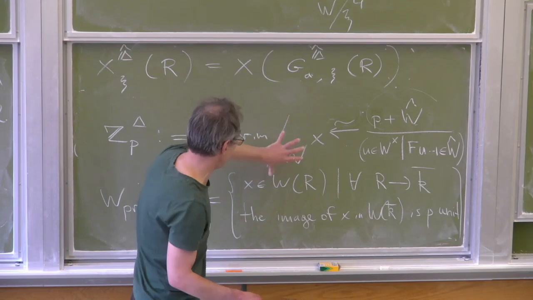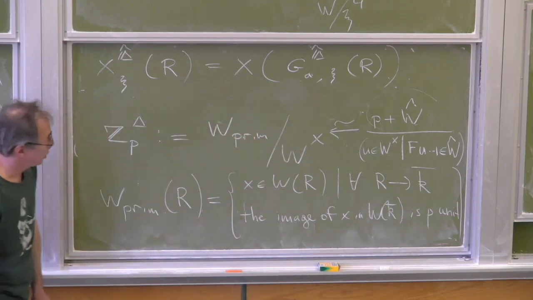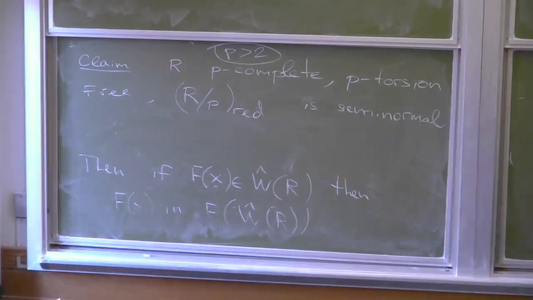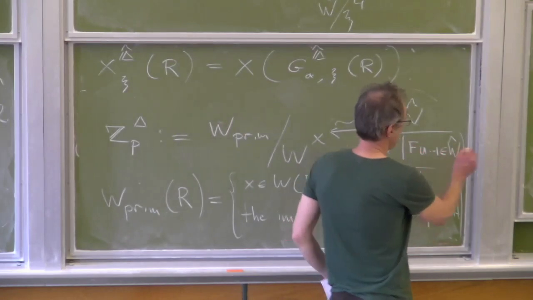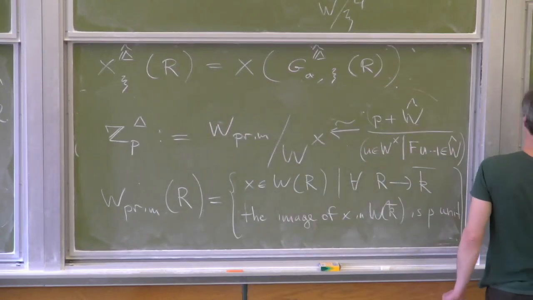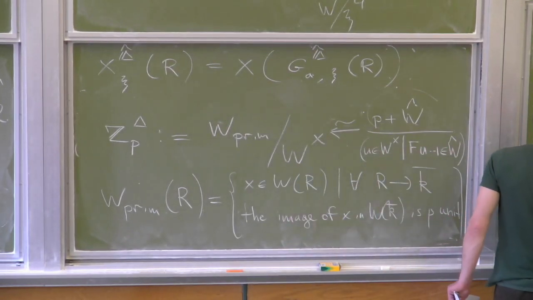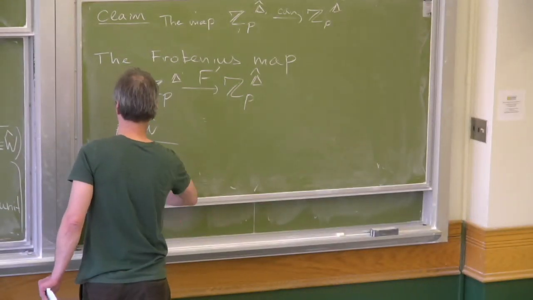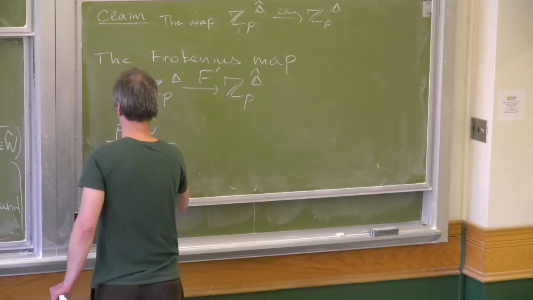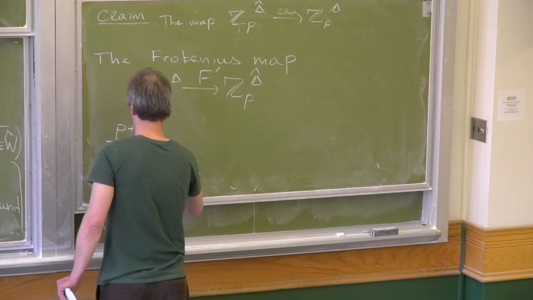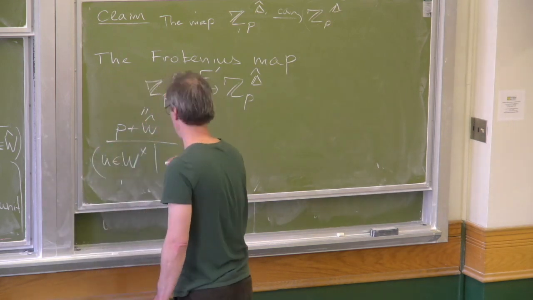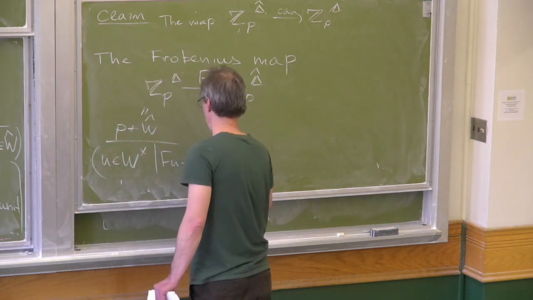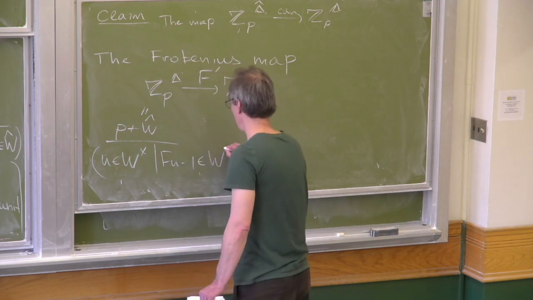So let's stare at these formulas and observe that I'm going to identify this with E plus W over W plus, with the property that Frobenius of u minus 1 is in W hat.